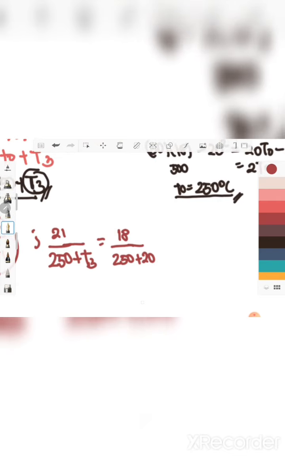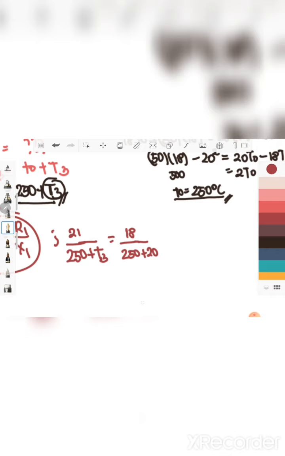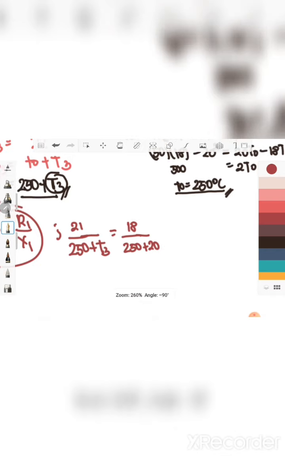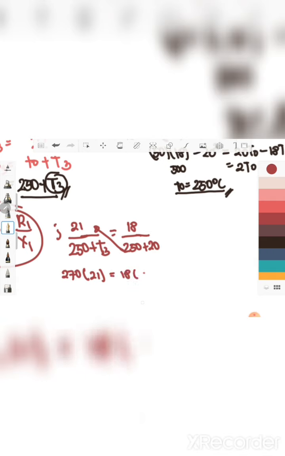So, solving for T3, we have, so, pag ganyan, pwede kayo mag-shift solve, okay? So, 250 plus 20 multiplied by 21, so, cross multiplication is equal to 18 multiplied by 250 plus T3.